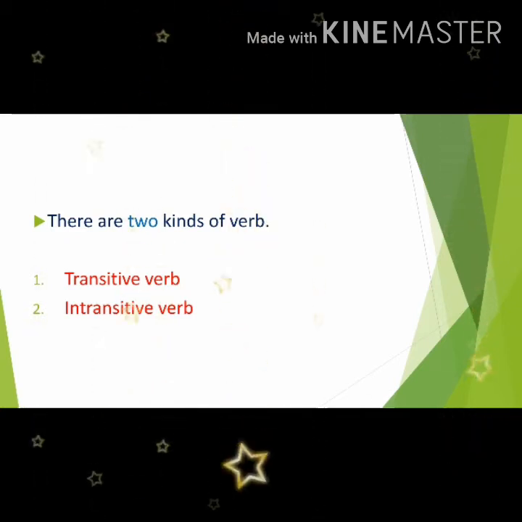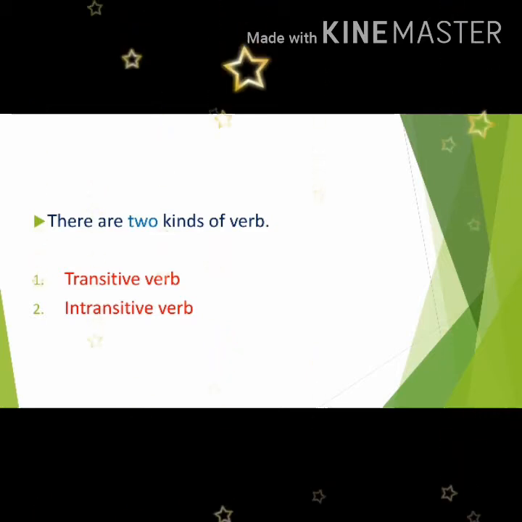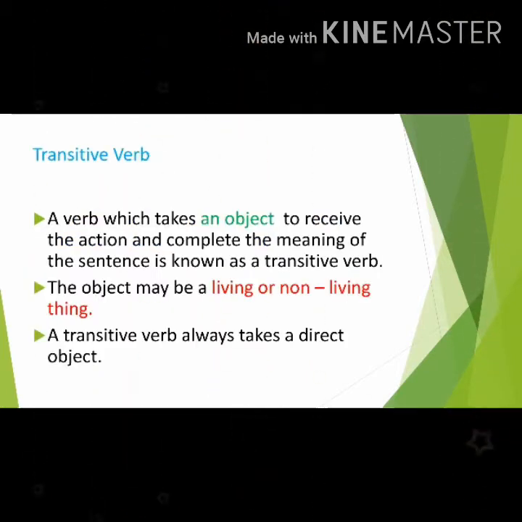There are two kinds of verb, transitive verb and intransitive verb. First, let's learn transitive verb. A verb which takes an object to receive the action and complete the meaning of the sentence is known as a transitive verb. The object may be a living or a non-living thing.